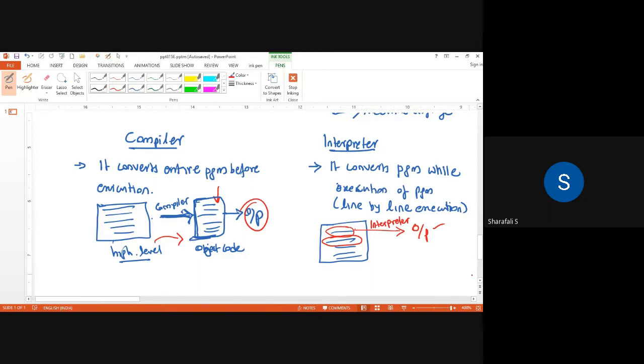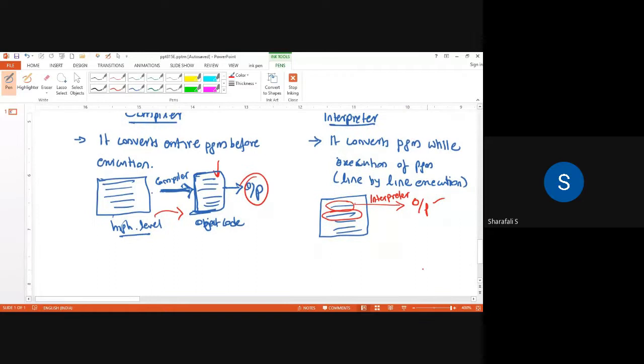When you're considering the speed of the operations, the compiler will be faster. Why is this faster? Because it is converting the entire program at a time into object code and then executing. But here it has to complete each conversion and take output line by line, so it will take more time.